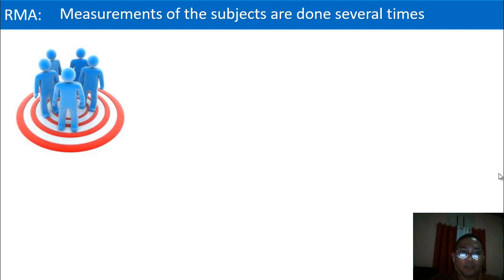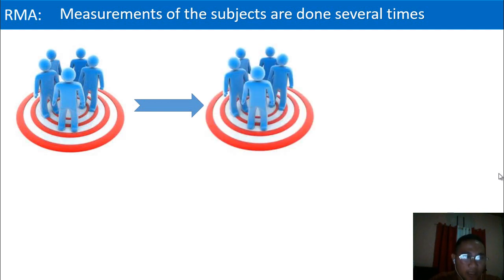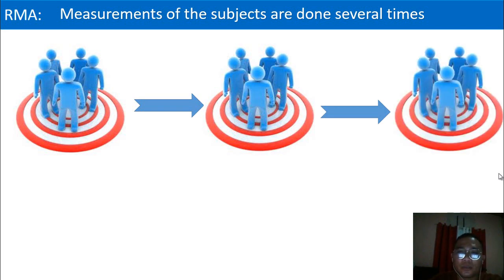These 5 participants will undergo a first measure, then after enough time, these 5 again will undergo another observation, and after a certain time again another observation, in a series of observations. That means these 5 subjects underwent several measurements.